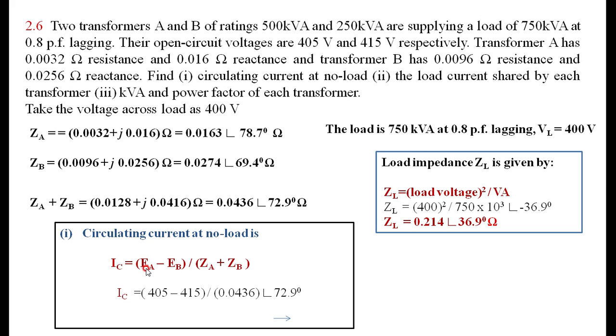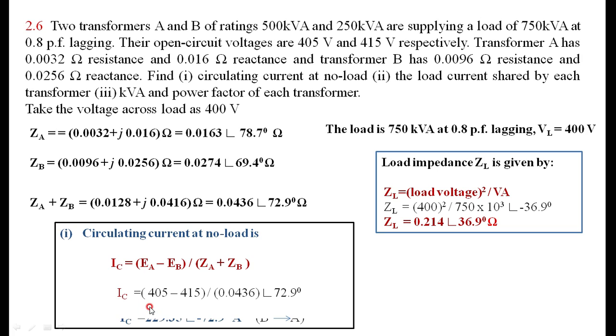He has not mentioned anything about the phase angles of EA and EB, so by default you take it as 0. If EA is at an angle of 0 degrees, it is just EA. Therefore, I directly substitute 400 minus 450 divided by ZA plus ZB, which is already there, 0.0436 at an angle of 72.9 degrees.